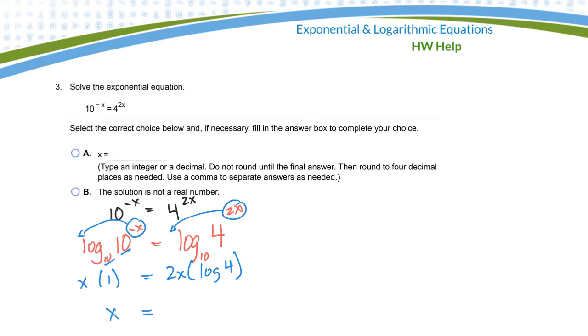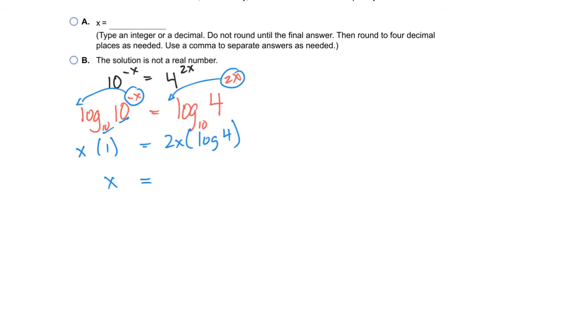Okay, is equal to, so 2x, oh, this one's going to come out to 0, I think. Log base 10 of 4, let me figure that out. So that's 0.602. So it'd be 2x times 0.602. If I multiply that, that'd be 1.204x is equal to x.